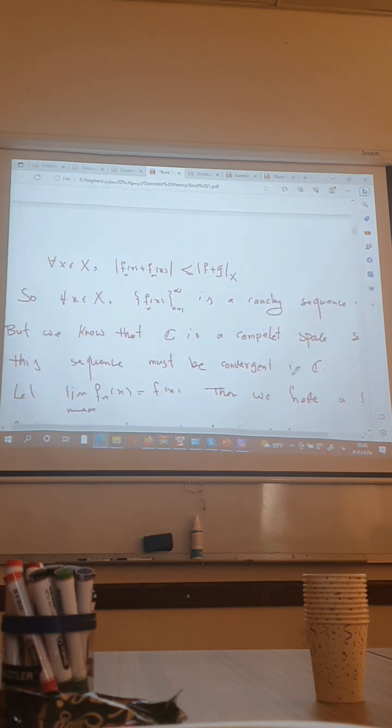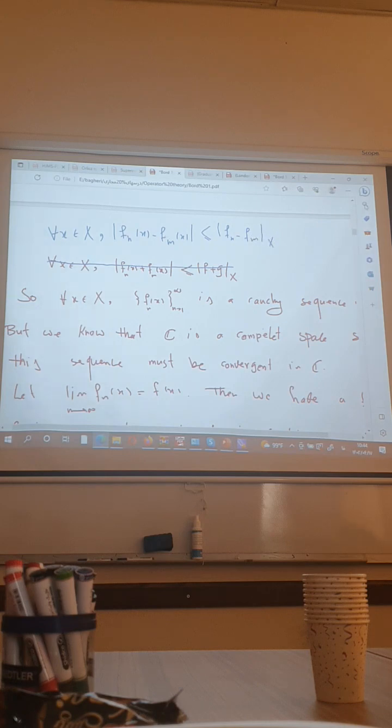So for any x in X, you must write this: f_n(x) minus f_m(x), not plus, is less than or equal to the norm of f_n minus f_m, because this is the supremum of this object.